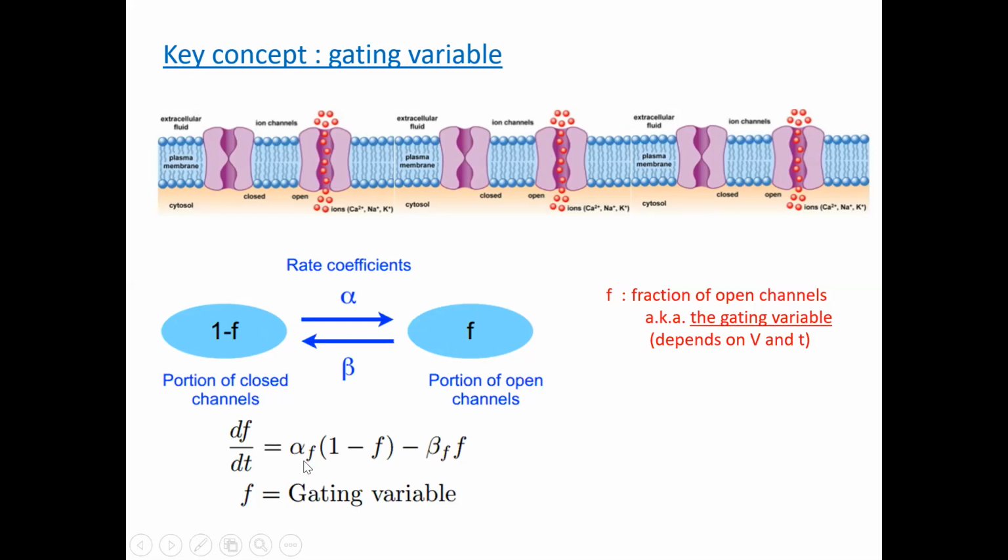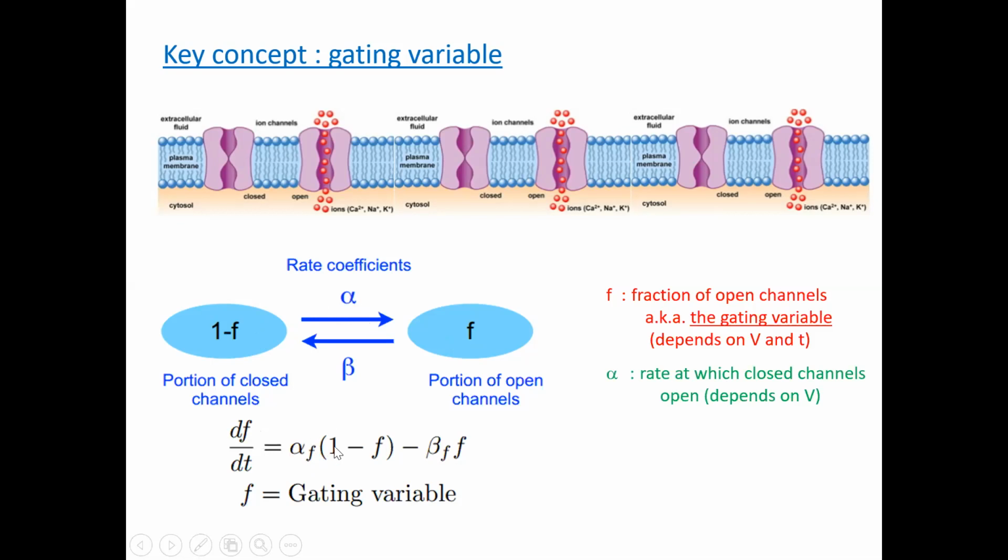For the first process, the rate of change in the portion of open channels would be equal to the portion of closed channels times the rate at which closed channels open, which is called alpha.